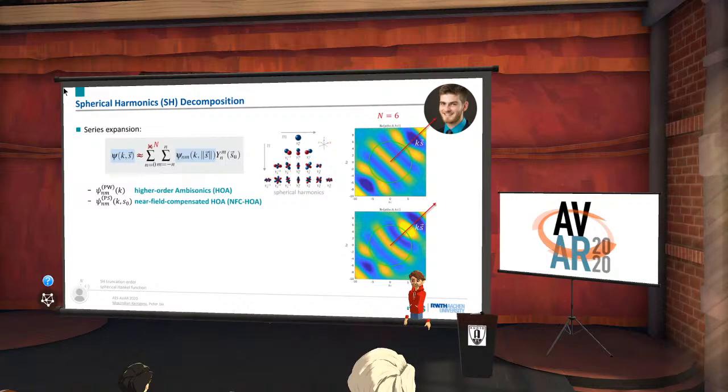And one note is that phi_nm for the plane wave is nothing else than the higher order ambisonic signal that is probably known to many of you, and the psi_nm point source is the near field compensated ambisonics. If we now introduce a truncation order, like for example in the plot here N equal to 6, this means that we only have a sweet spot of a limited size, and everything outside is disturbed somehow.